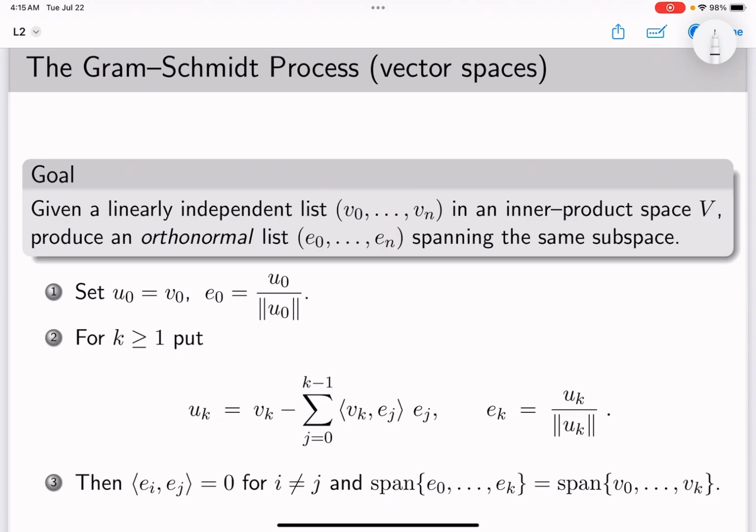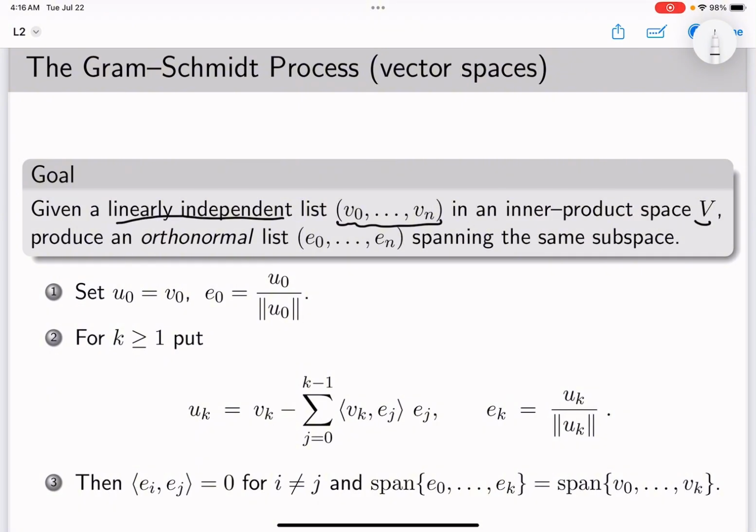So recall how the Gram-Schmidt process works. We're going to start with, in this case, n+1 vectors, and we're going to assume that these vectors are linearly independent. Then the Gram-Schmidt procedure allows us to turn these into n+1 orthonormal vectors, right?